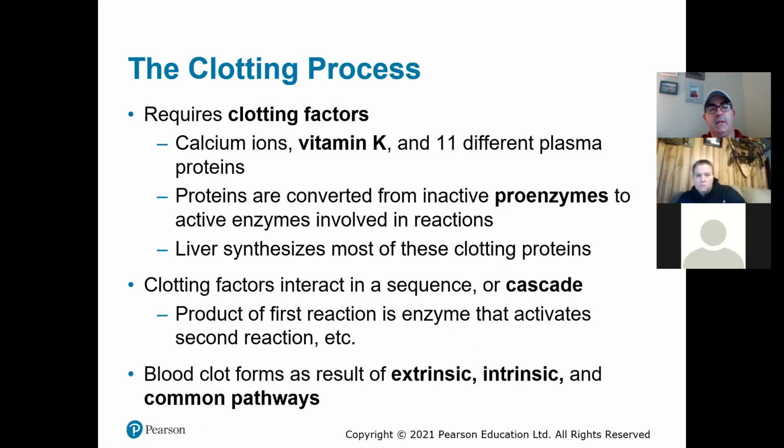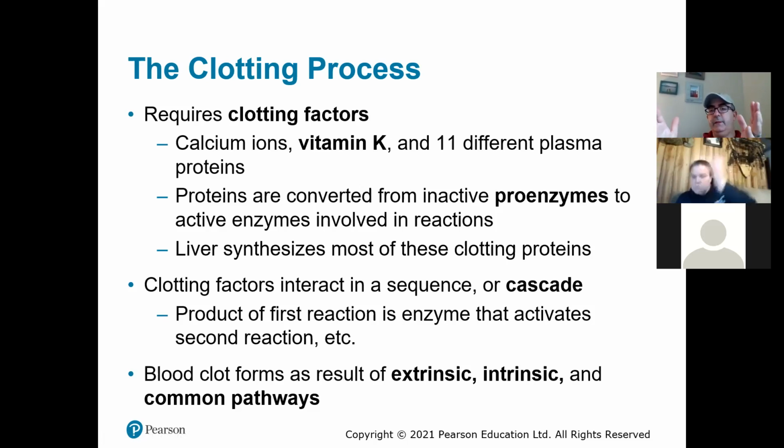Okay. The clotting process requires clotting factors. There are 11 different plasma proteins that are clotting factors. You don't need to know them. But what happens is we have these proteins in the body that are converted from proenzymes to active enzymes. Basically, it takes something that's this long and it cleaves part of it and now it becomes active. So fibrinogen is a proenzyme.